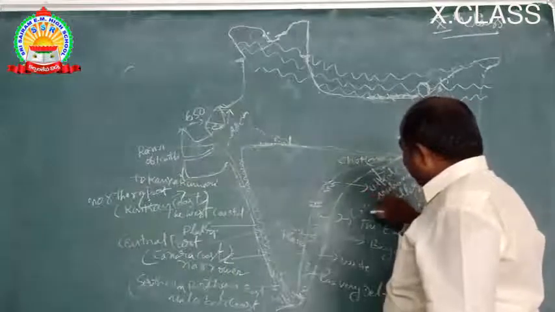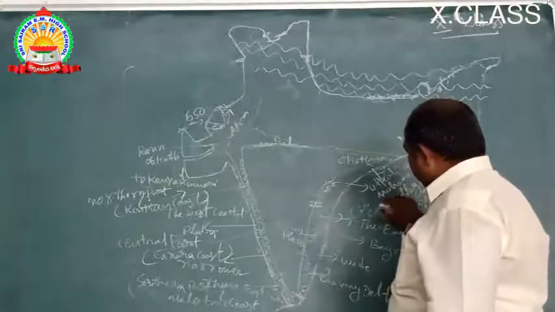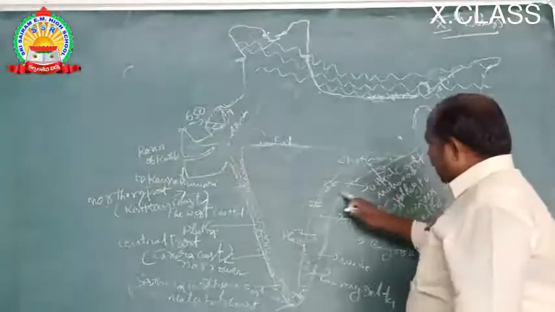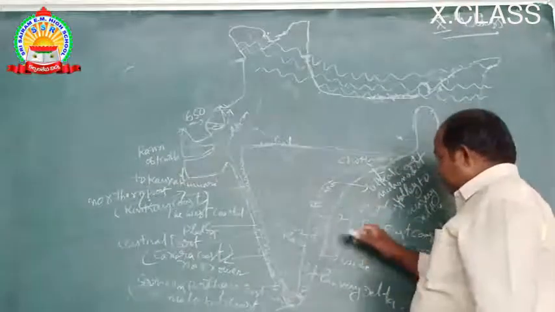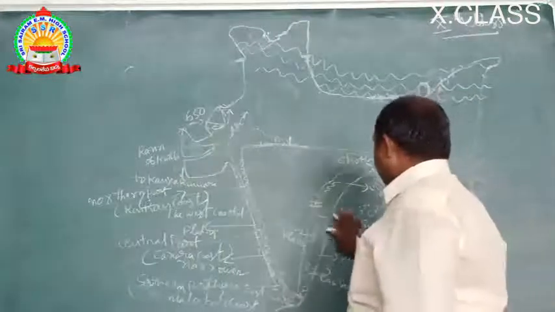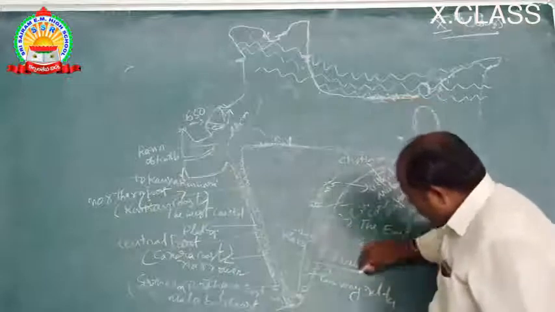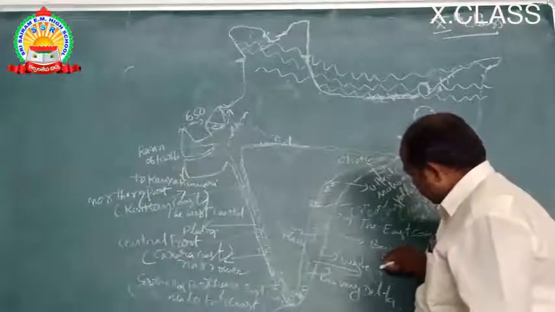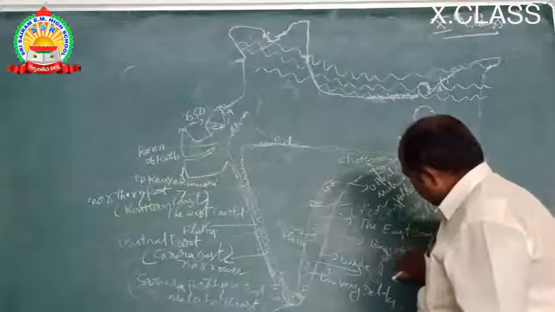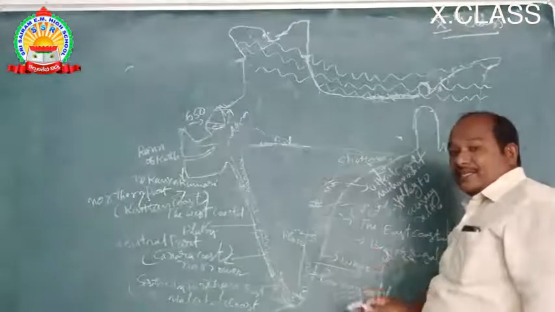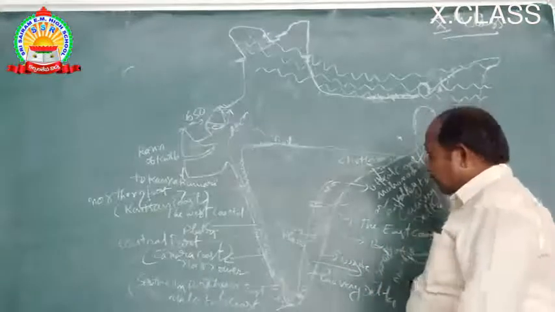The central part is known as the Circars Coast, in Andhra Pradesh. The southern part is the Coromandel Coast, in Tamil Nadu.